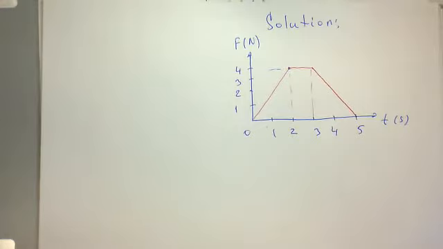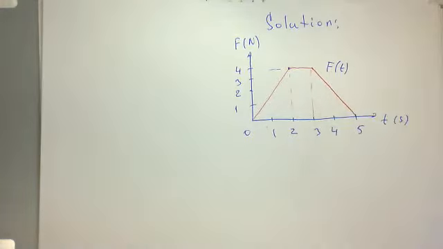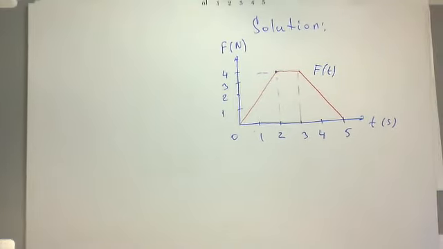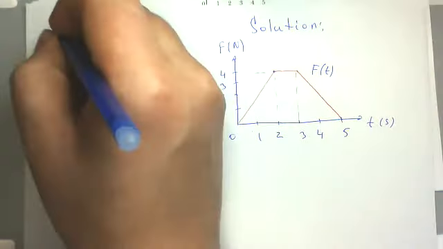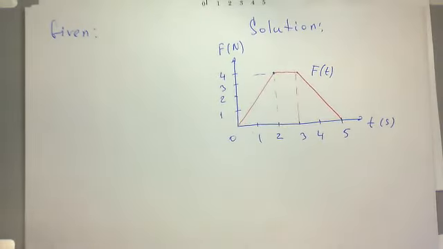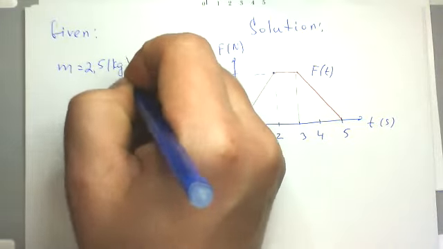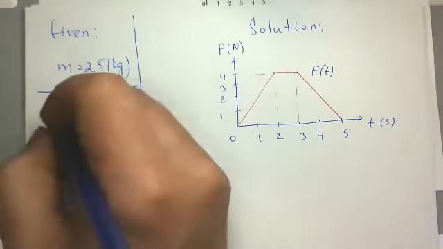That is given in the problem. That is the function of force with respect to time, and this force is applied to the particle with a mass of 2.5 kilograms. And we need to find the impulse.